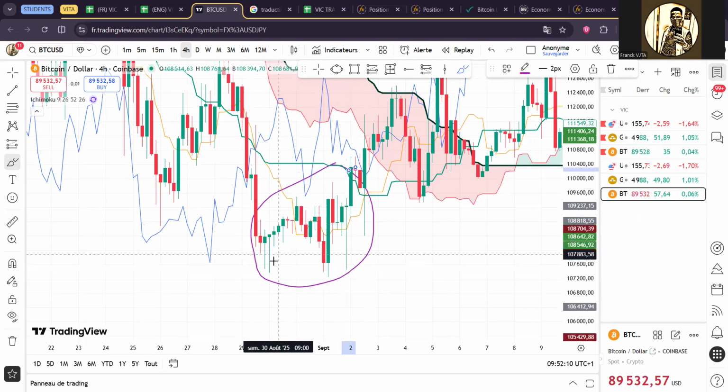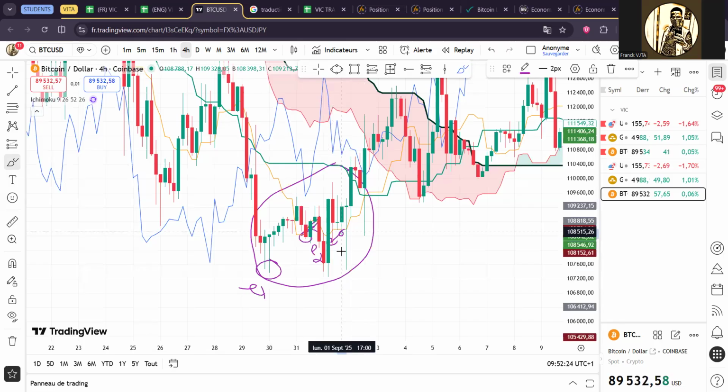That's the origin. So you have, first of all, the entry number 1 here. The entry number 2 is where Tenkan started bending to the upside at this level. And you have many entry numbers 2 also in the future on the inverted Tenkan, right?